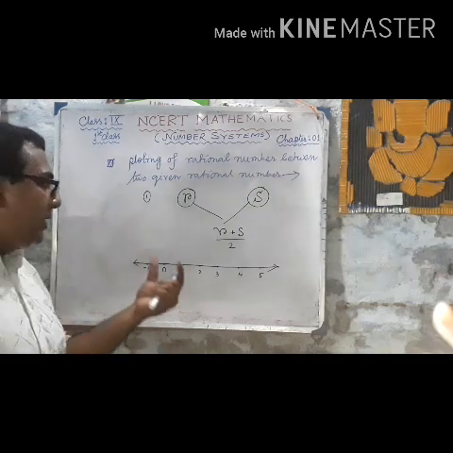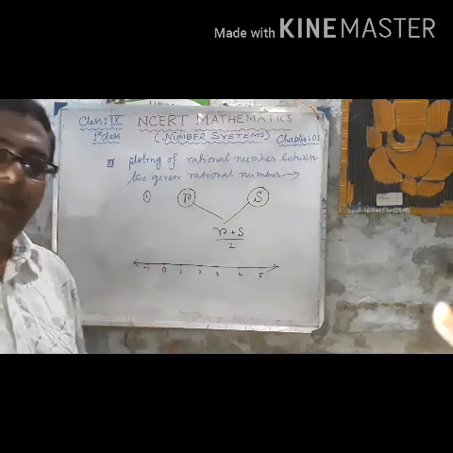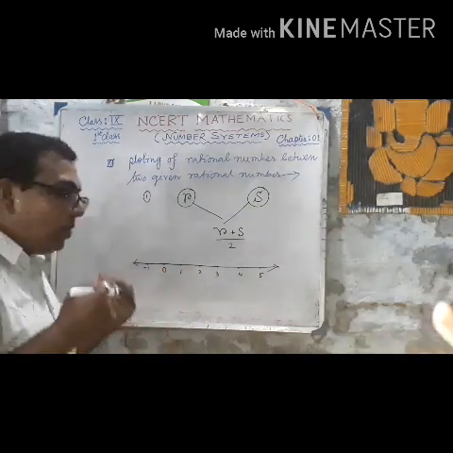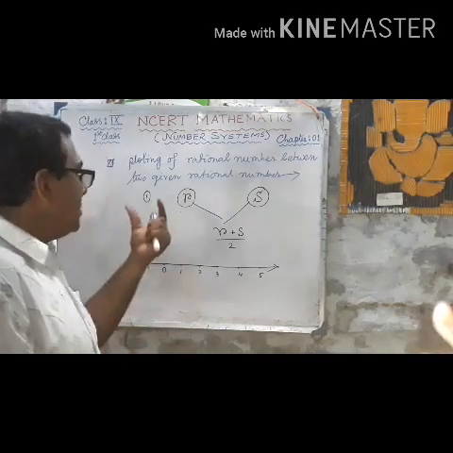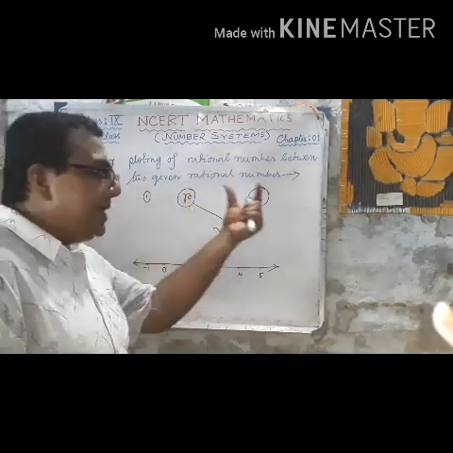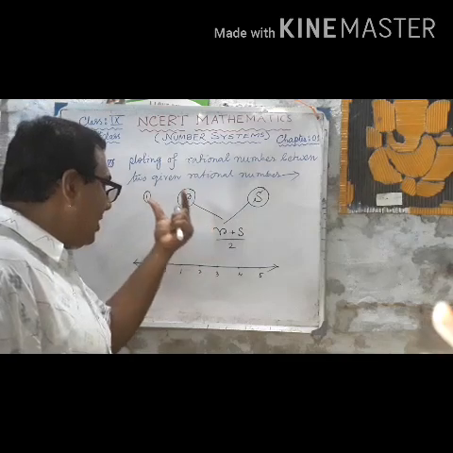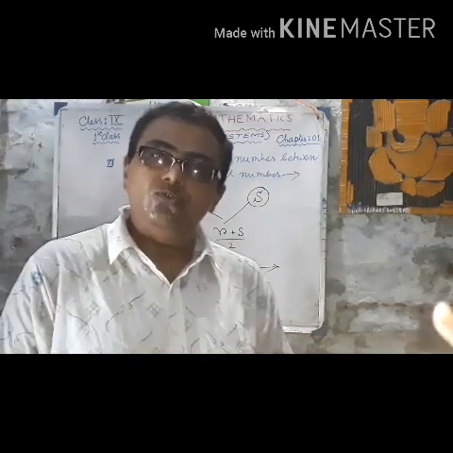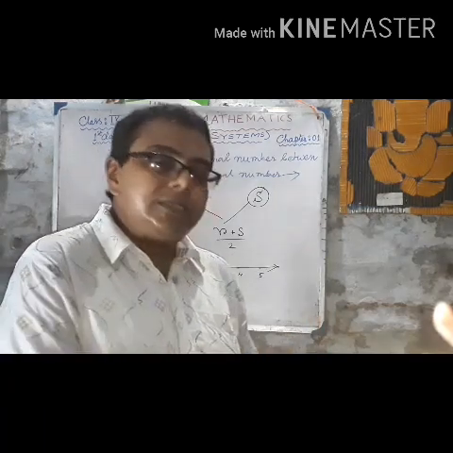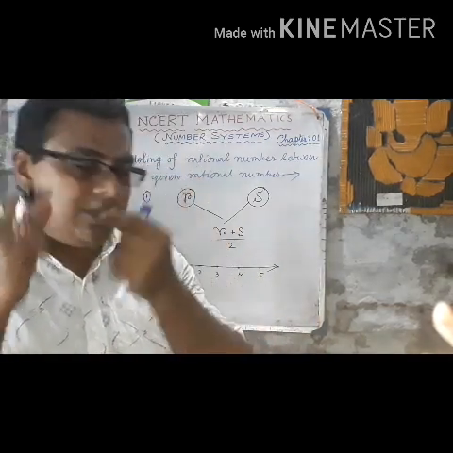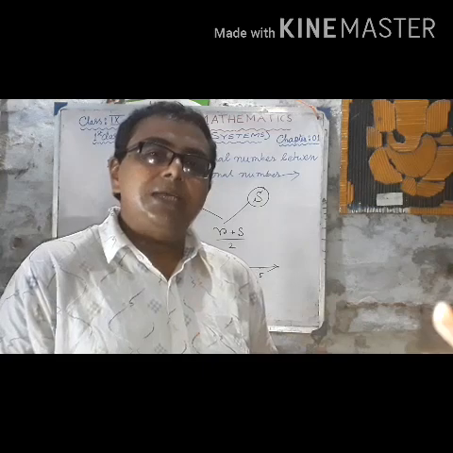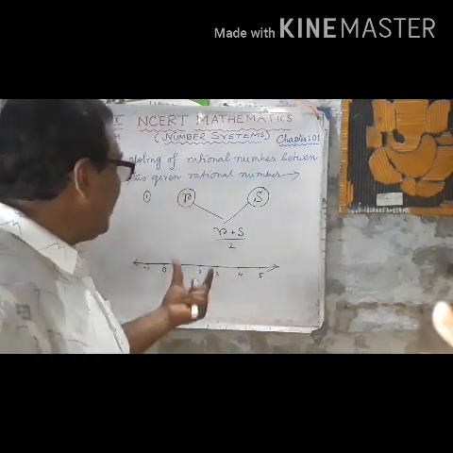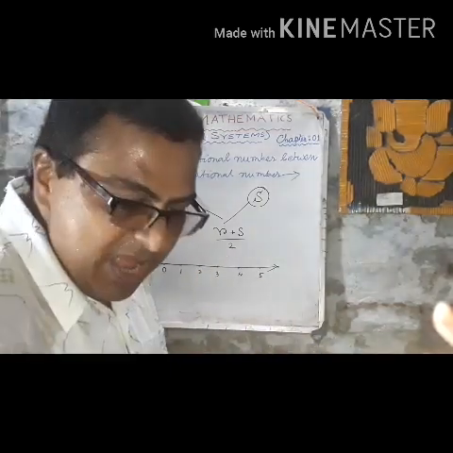We have to put rational numbers between 2 and 3. So what will be the process? r means 2, s means 3. The rational number between 2 and 3 is 2 plus 3 by 2. That is, if r and s are rational numbers, then r plus s by 2 will be a rational number between them.